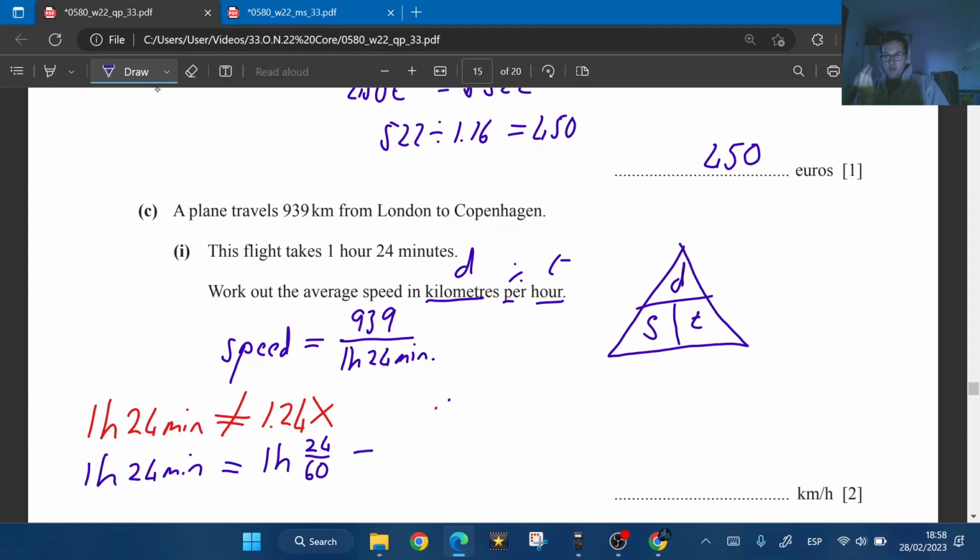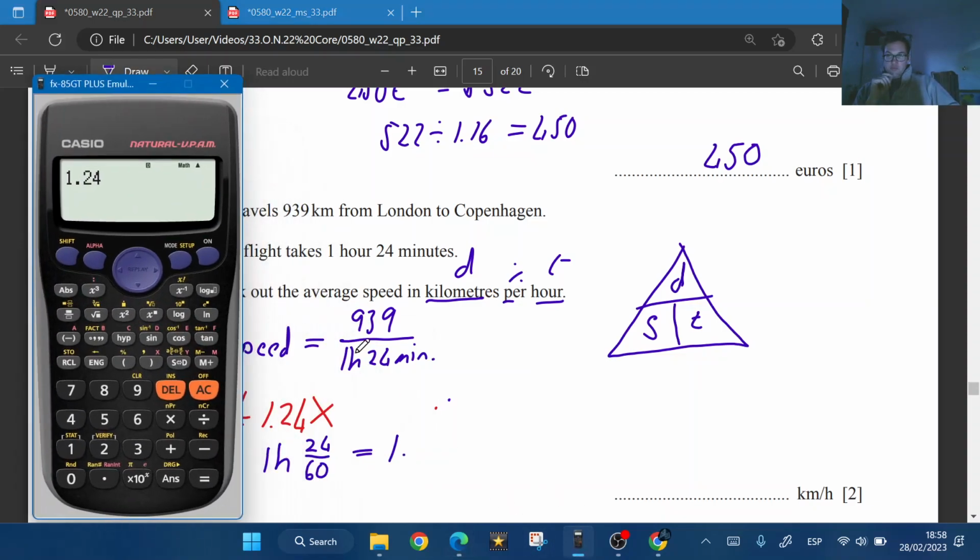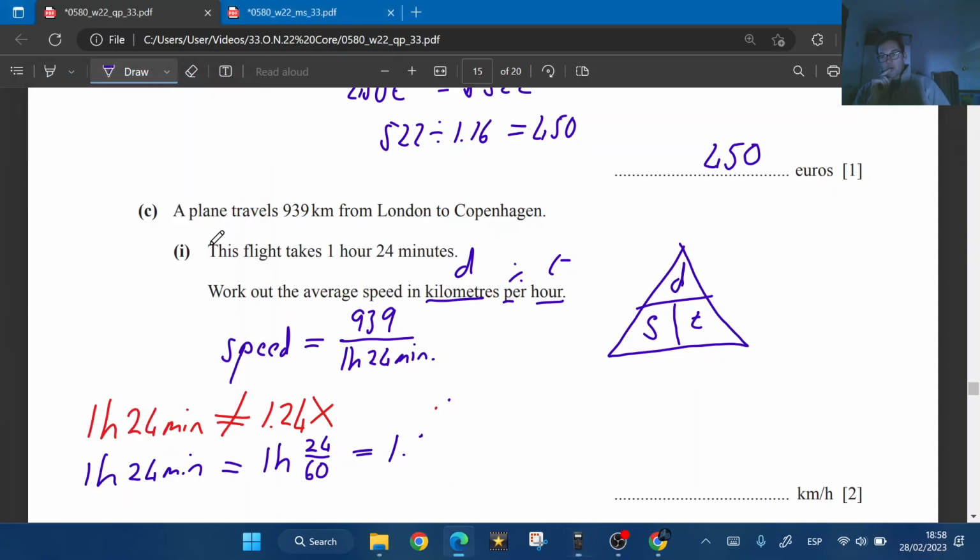So that will be 1 point, 24 divided by 60, 0.4, so that's 1.4 hours. So when we do this calculation, it is 939 divided by 1.4. That's kilometers and that's hours.